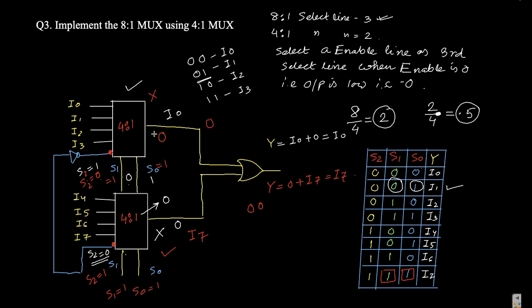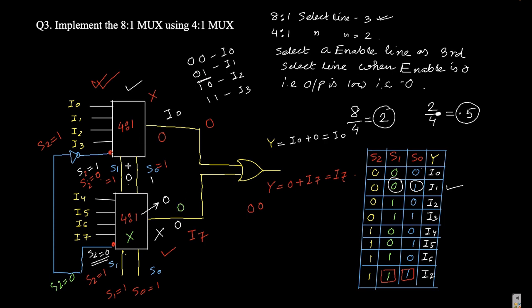Again, if S2 is equal to 1, then this multiplexer comes into the picture, and as S1 is 1, here S2 is nothing but 0, so the other multiplexer does not work, and the output is 0.